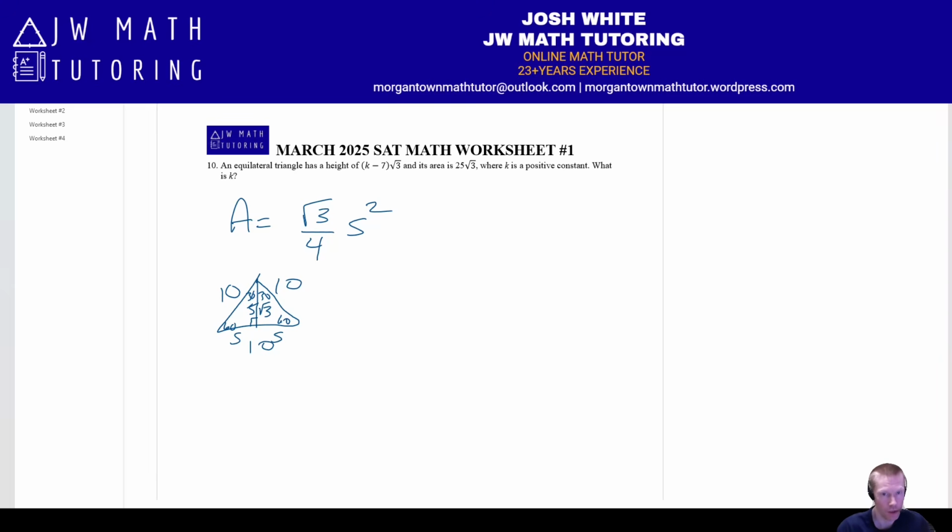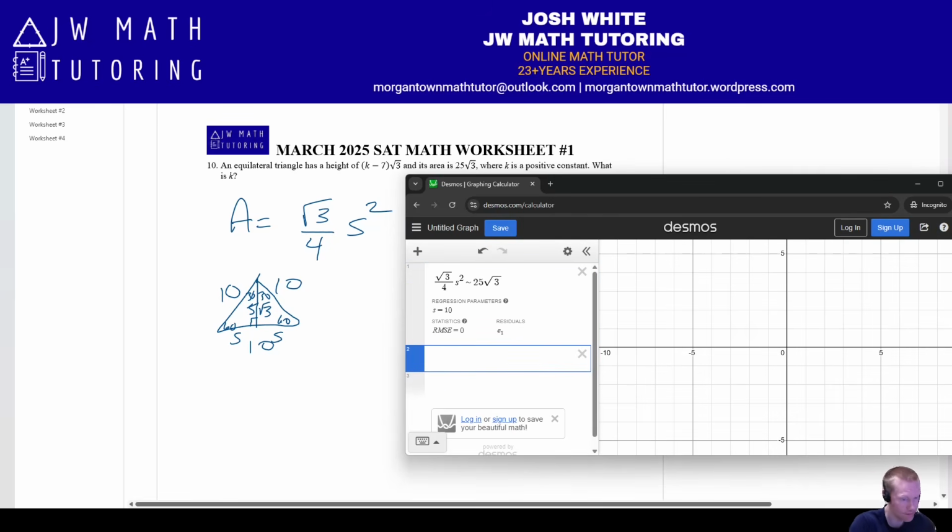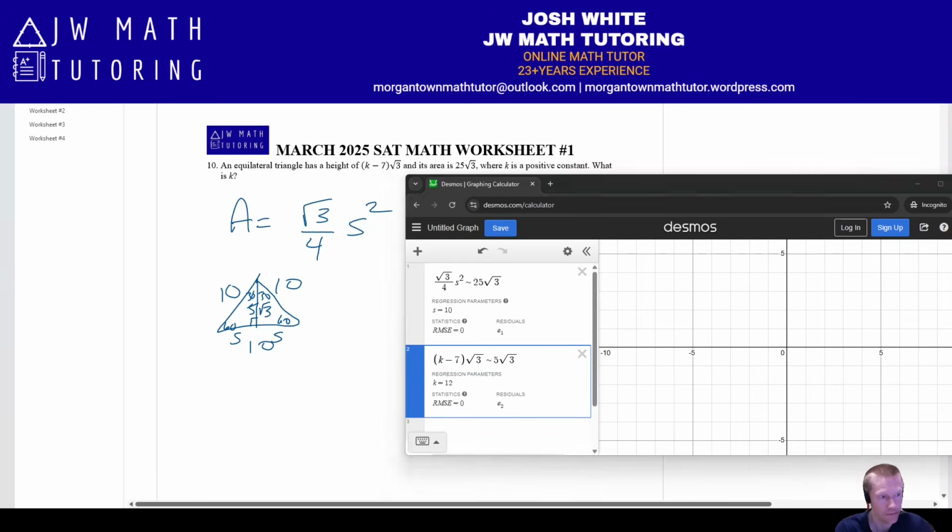And then what you can do is use regression. You can see that K is going to be 12 when you solve this out, but you could now type it in and get 12.